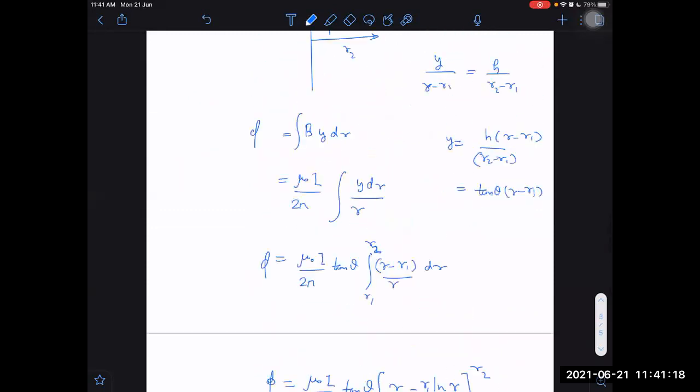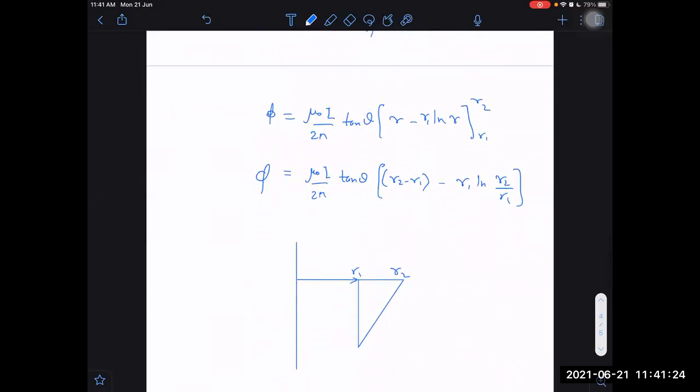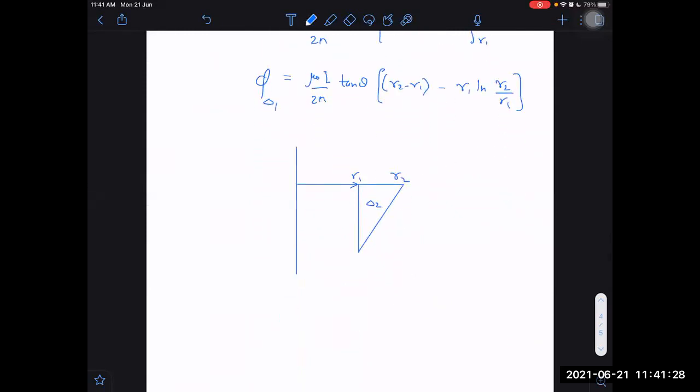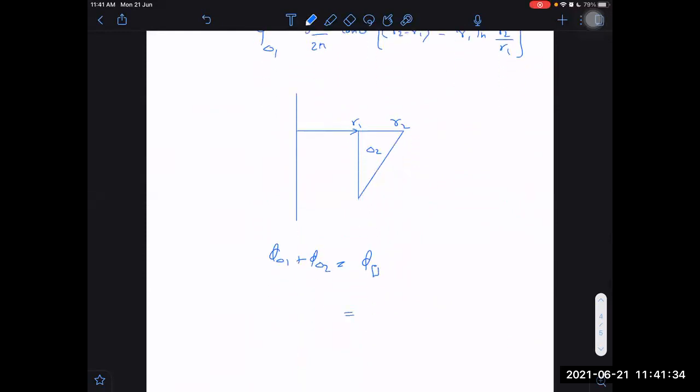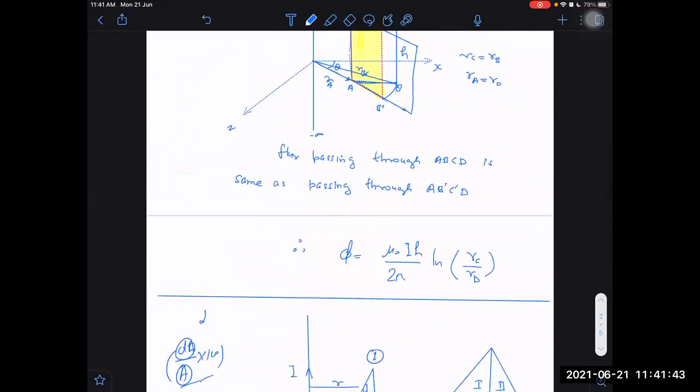Let us call this triangle by some name, it will be easy. This is triangle 1, and this is triangle 2. So I know phi of triangle 1 plus phi of triangle 2 is equal to phi in the rectangle, and the formula for that was mu naught into I upon 2 pi into, what was the formula? I forgot again. Mu naught I h.